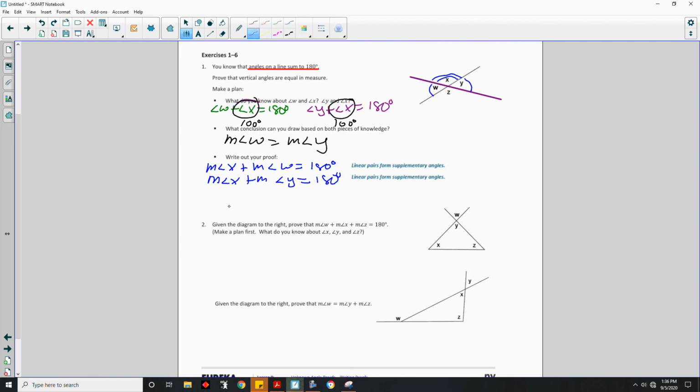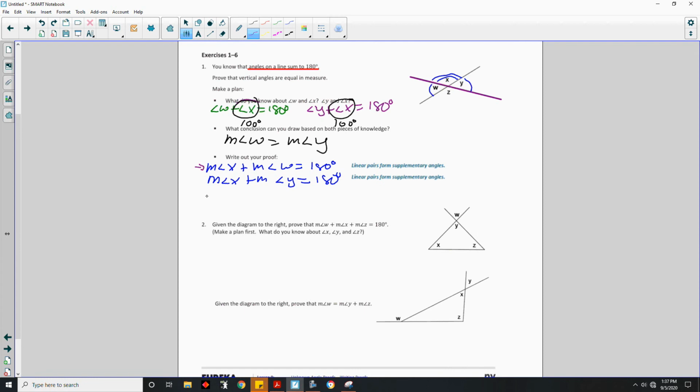I'll do it in a different color. Now we would say the measure of angle W plus the measure of angle X. Actually, I'm going to put it in the same order. So we're looking at this line.